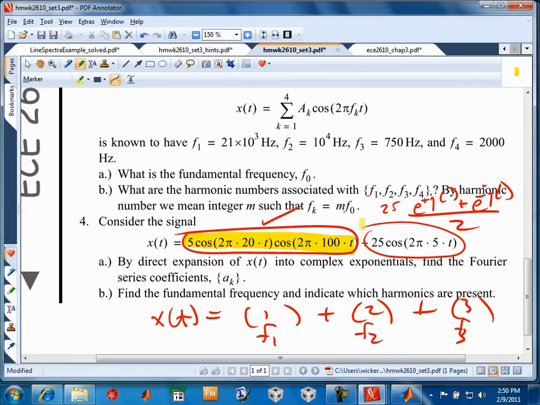Do 20 and 100 have a difference frequency of 0? No. So what are the frequencies that you would get from that product there? 80 and 120. Does everybody agree with that?